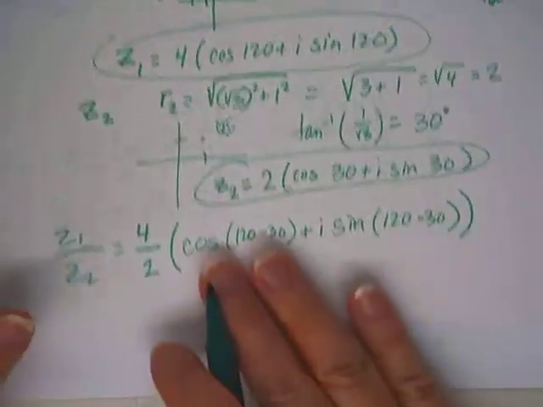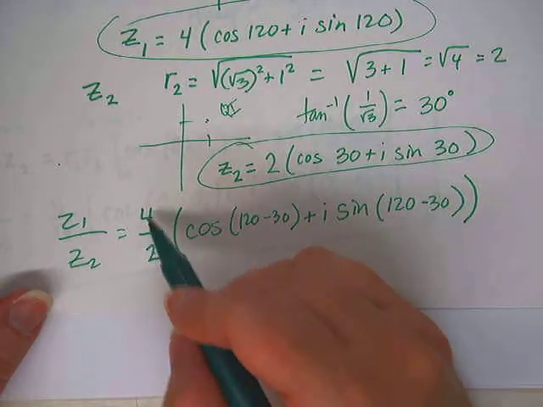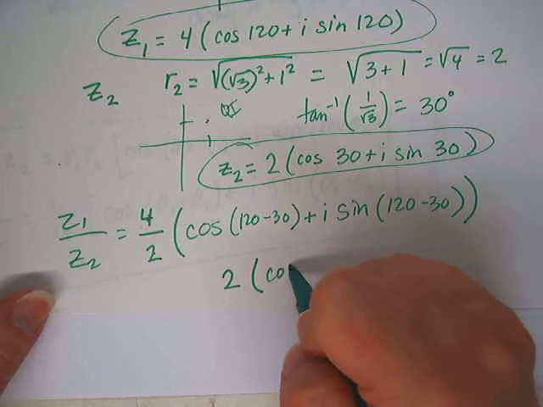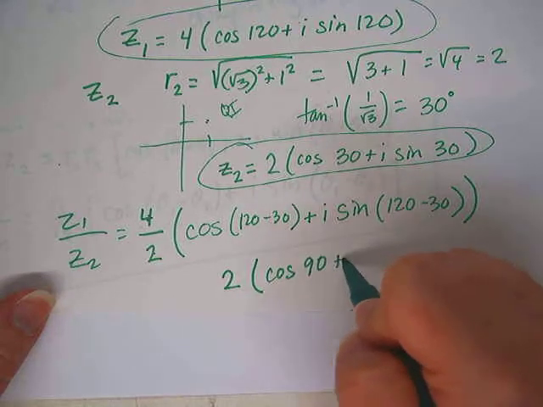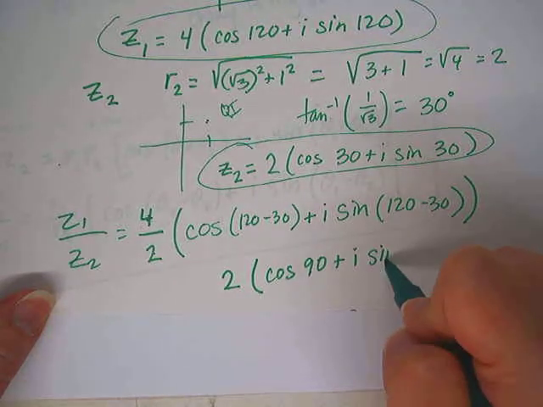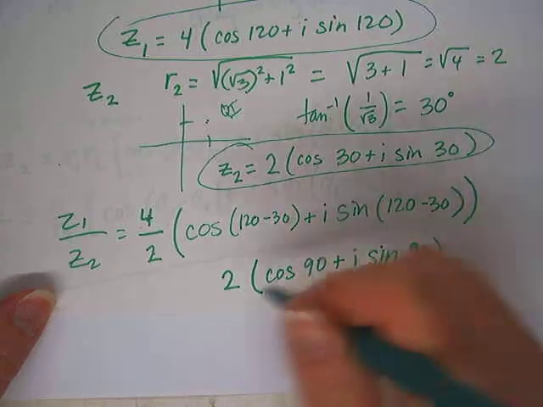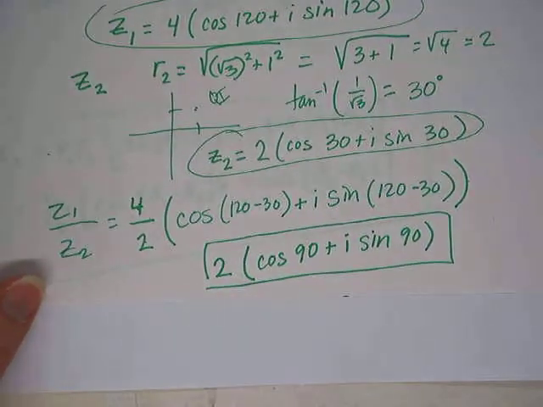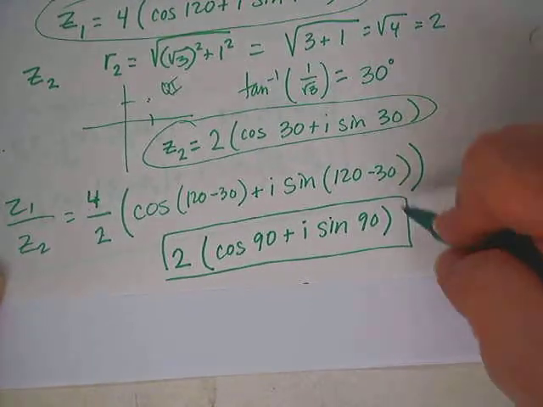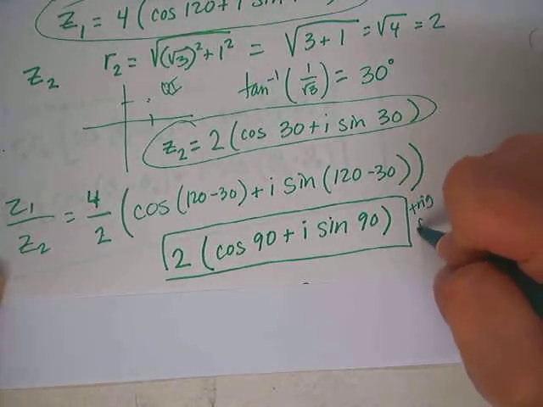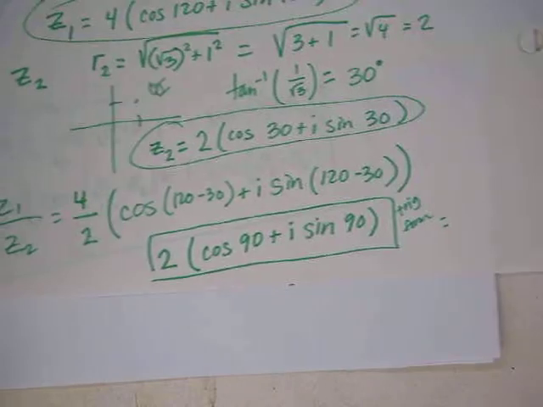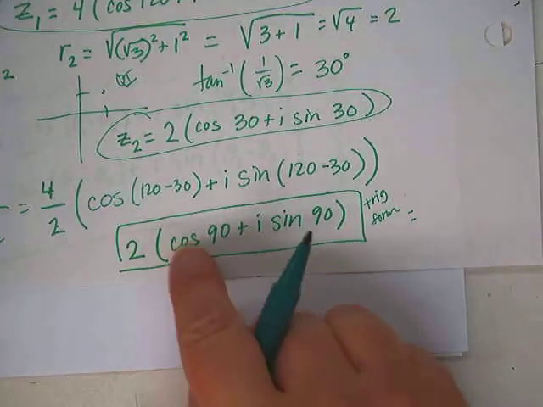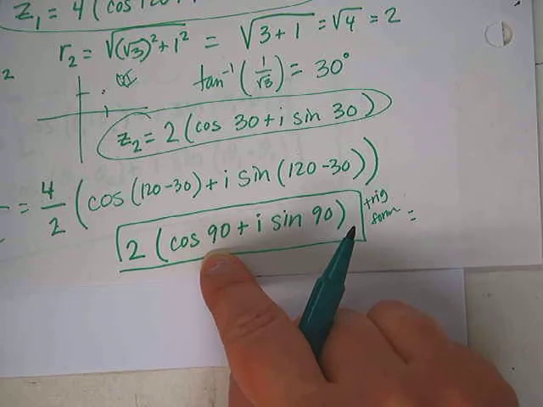And then we multiply by cosine of 120 minus 30 plus i sine 120 minus 30. And that gives us trig form. 4 divided by 2 is 2. Cosine 90 plus i sine 90. That would be in trig form all done.